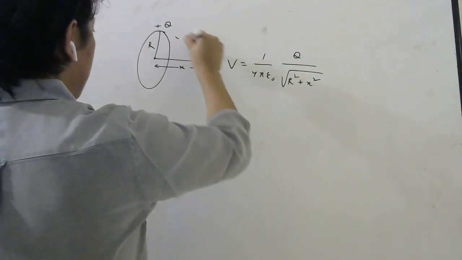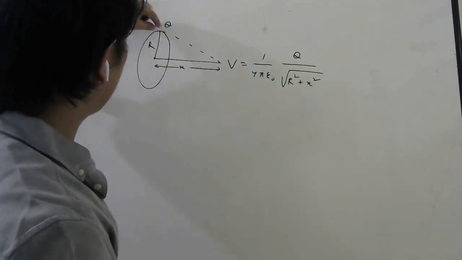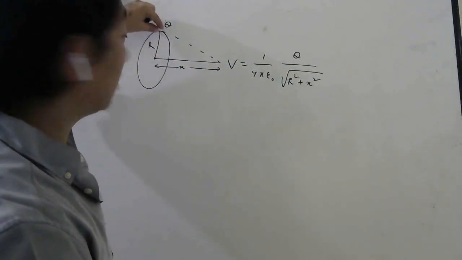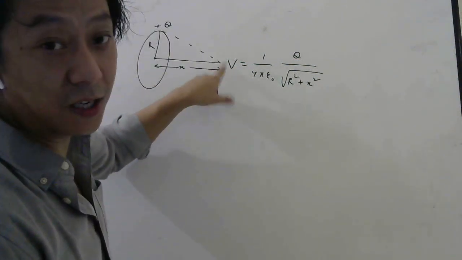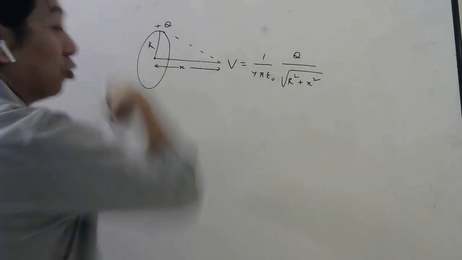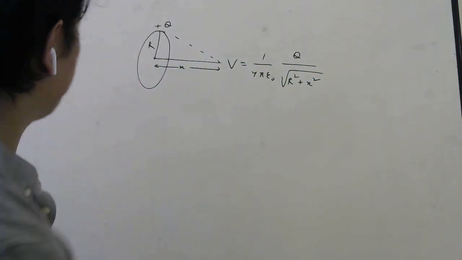This was your that distance. And to find this, I took this whole ring as made up of small charges, and for each charge I calculated the potential, then I integrate. And this formula doesn't care whether the charge is uniformly distributed or non-uniformly distributed.